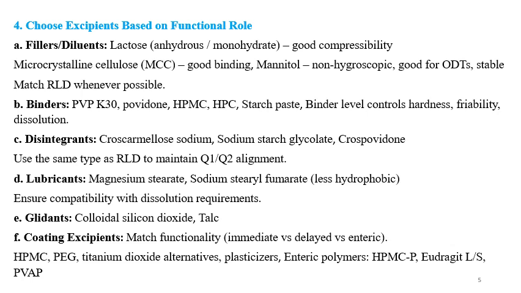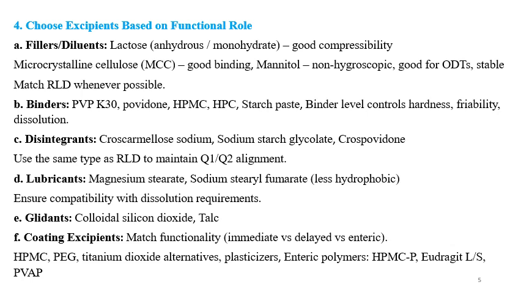Then binders. Different binders can be used like PVP K30, povidone, HPMC, HPC, starch paste. So try to use a binder similar to the reference formulation because binder level controls the hardness, friability and dissolution. Disintegration is required for immediate release type of formulations, whether you are working on tablets or capsules.